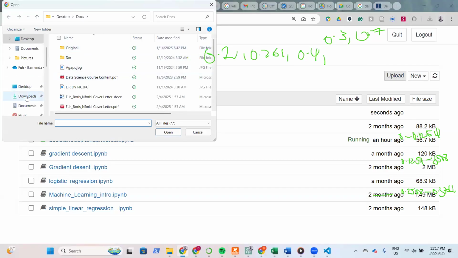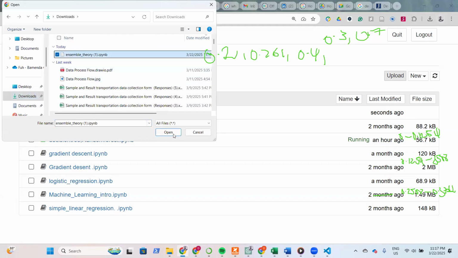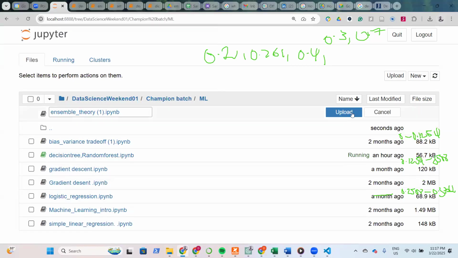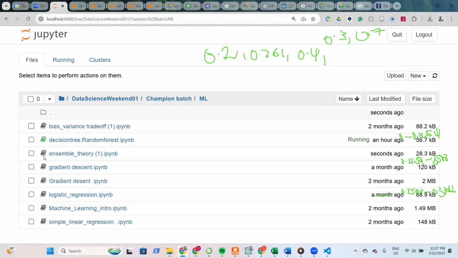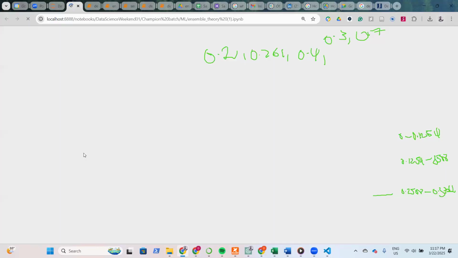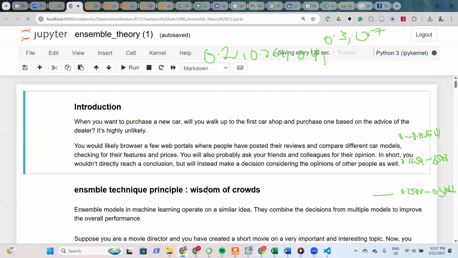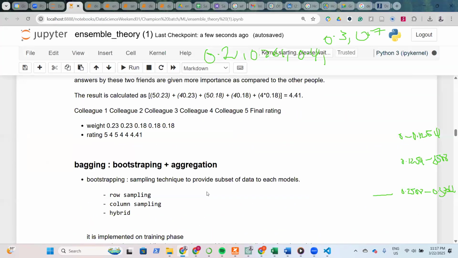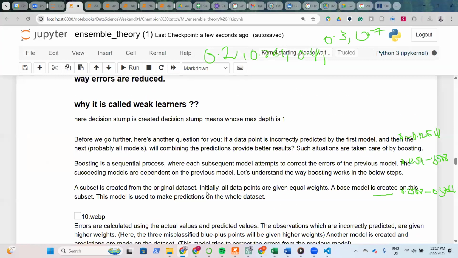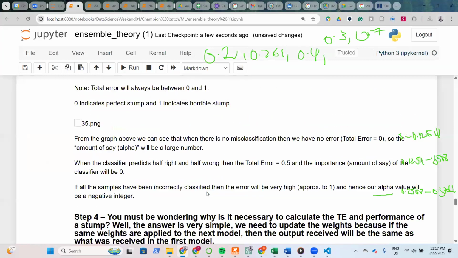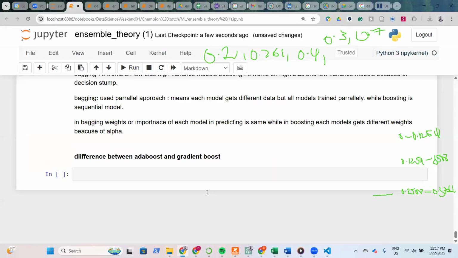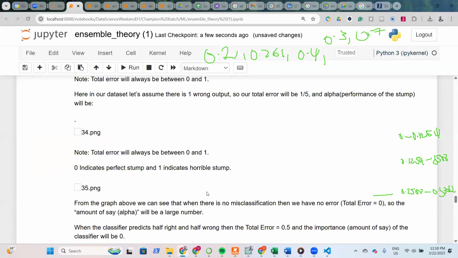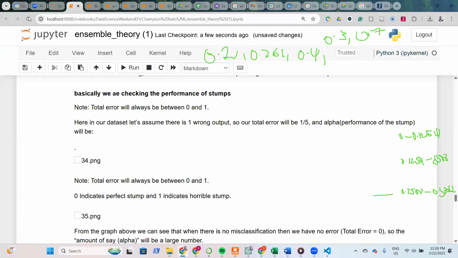Downloads. Wait. Load. So why is it showing? I hope this guy would have run those images. So, is this the same file? These images are not being drawn. I don't know why. They are supposed to pop up.